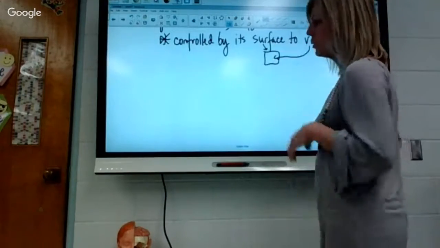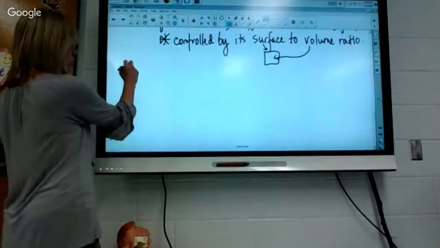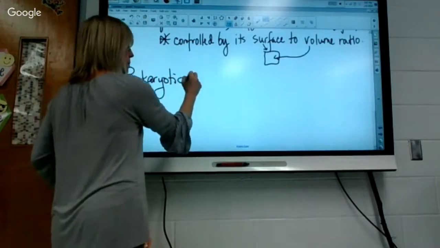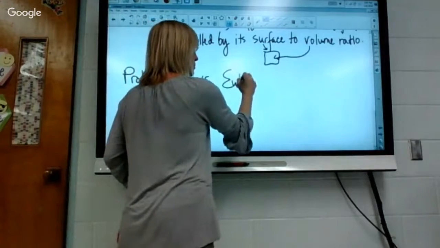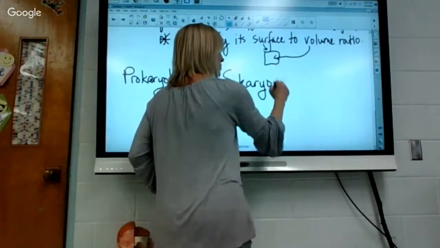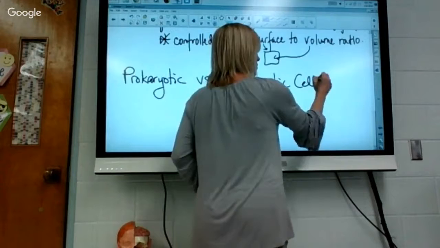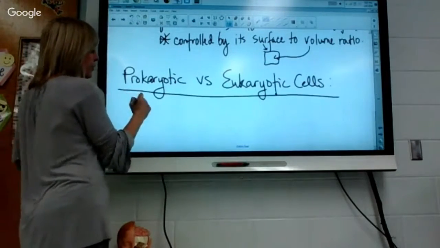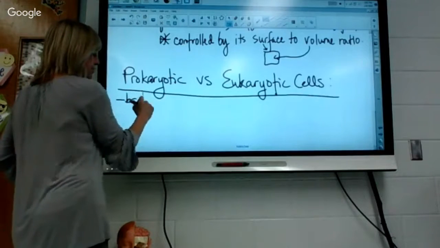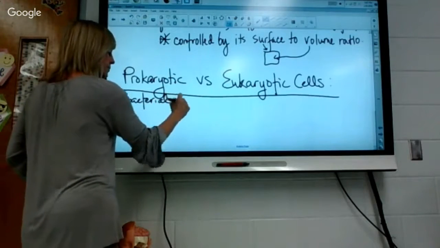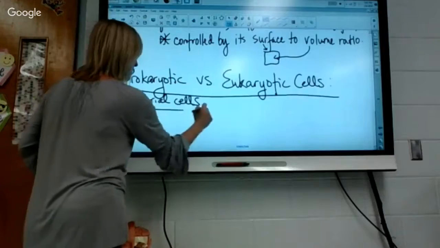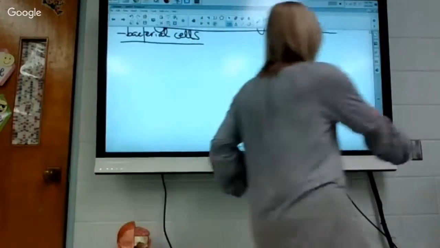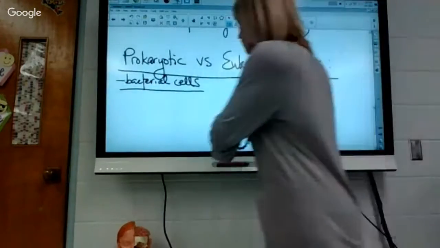Okay, so the next thing we're going to look at is what's the difference between a prokaryotic cell and a eukaryotic cell. Okay, so prokaryotic cells we know are bacteria. And they actually come in about 3 different shapes.